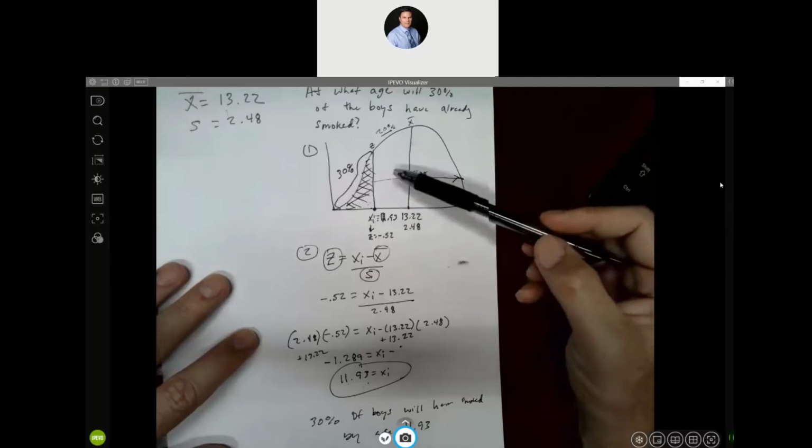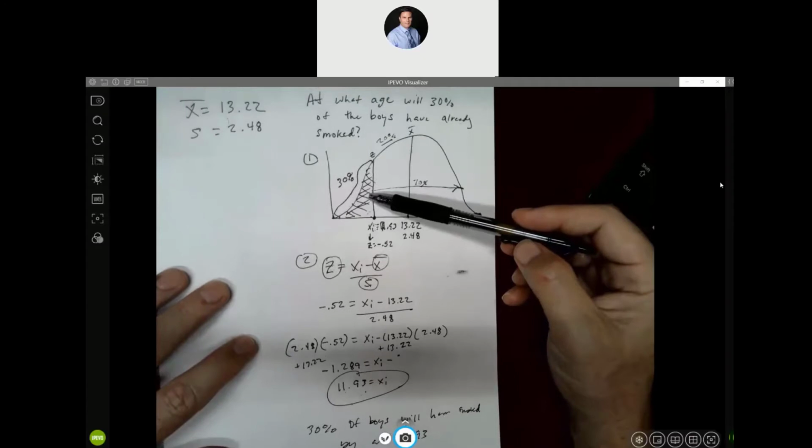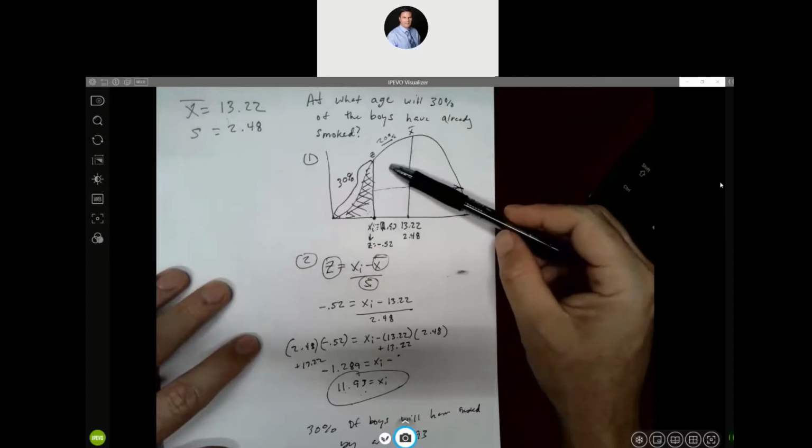Now, I could ask you this. What percent of boys, Rachel, will smoke after age 11.93 years of age? Uh, 20%, 70%.